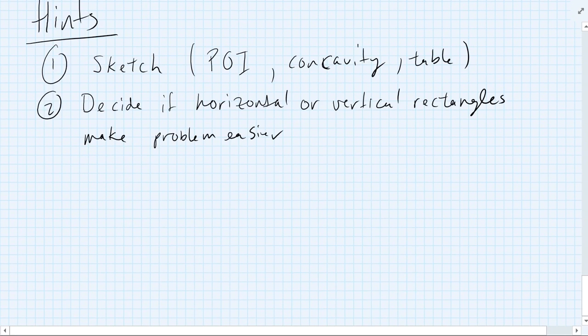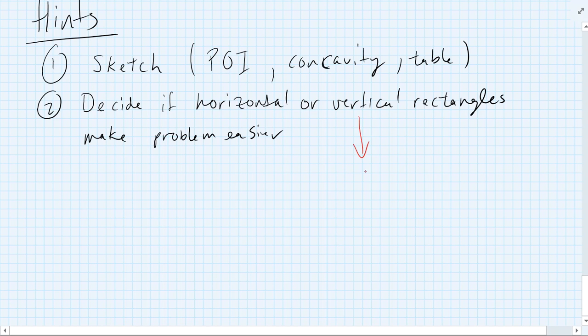So if it's horizontal cross sections, it's y, and if it's vertical, it's x. So basically, once you decide which one's easier, the vertical one tells me everything's in terms of x. That means limits of integration.